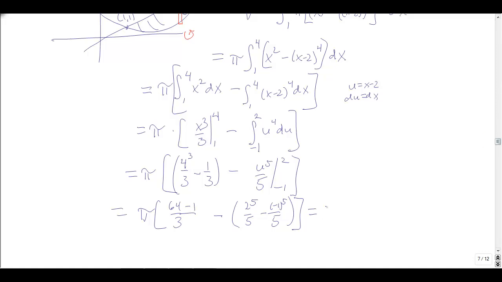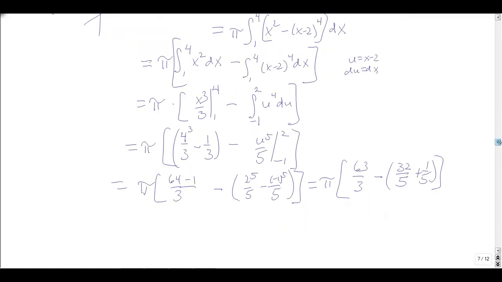When you evaluate that, you get pi times 63 thirds minus 32 fifths plus 1/5. Again, this is probably the point where I would just plug into my calculator.